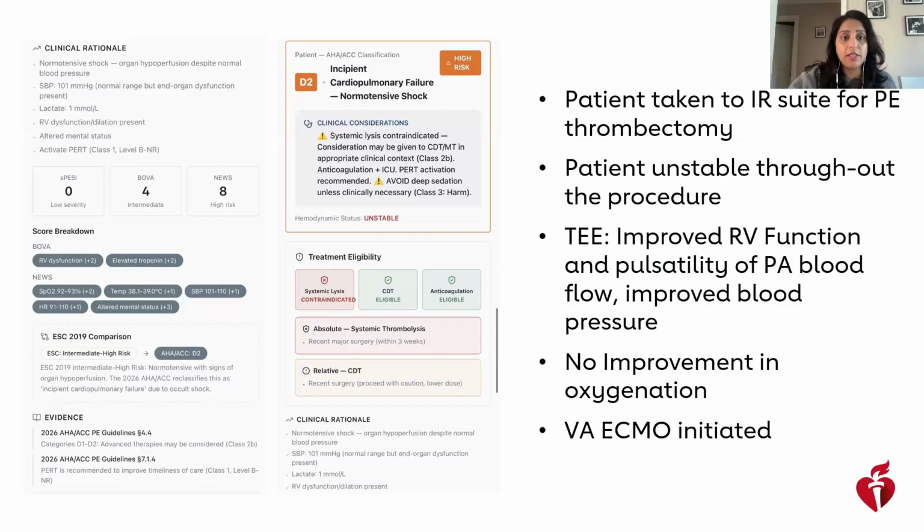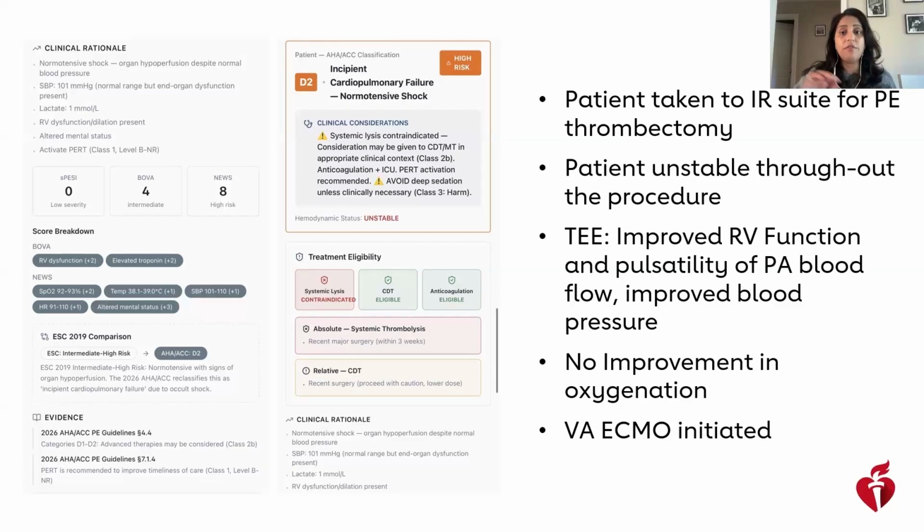In this patient, obviously, the systemic lytics were contraindicated given his recent surgery as well as potential intracranial condition that may have been a global ischemia. However, we had not definitively ruled out stroke. PERT activation was recommended, and he was still a potential candidate for some form of catheter-directed therapy.